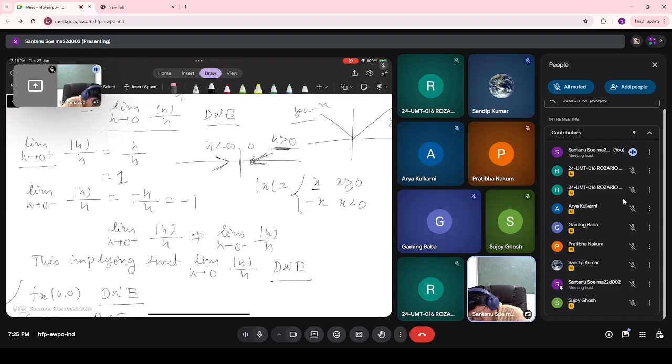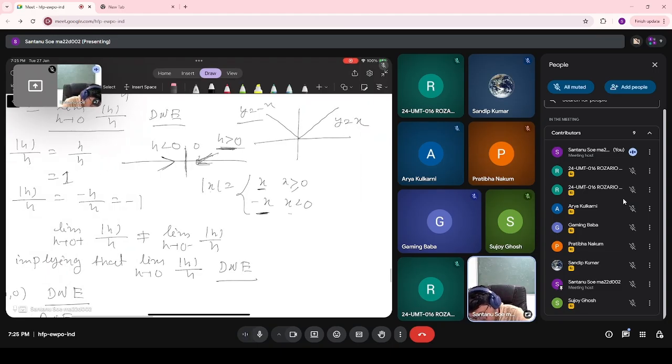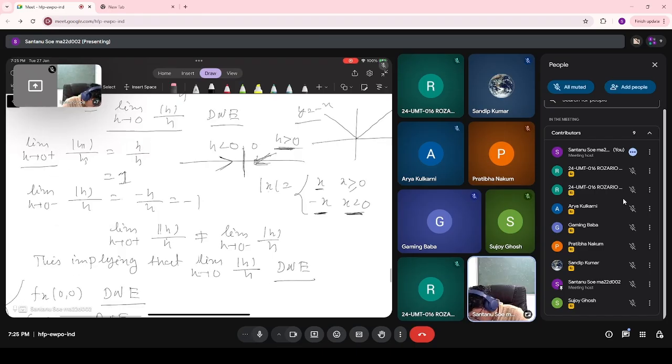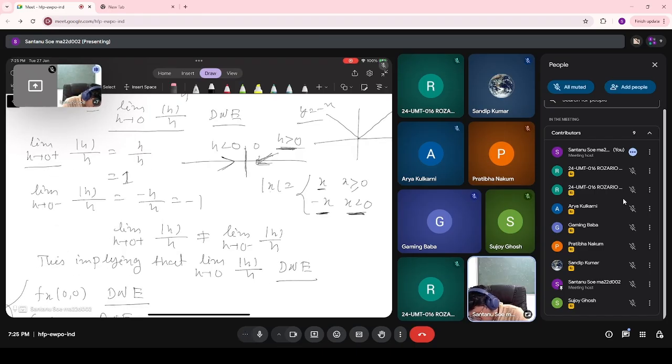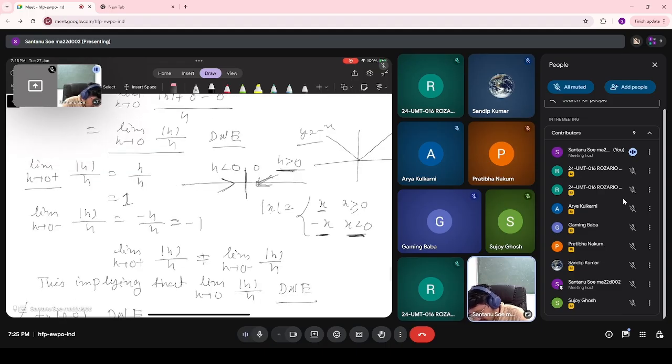You are approaching from the left side, and the left side of 0 is always negative. So mod of h is nothing but minus h according to this definition. Then h and h get cancelled out and you are left with minus 1. So the right hand limit is plus 1 and the left hand limit is minus 1. So we can say that the limit does not exist.